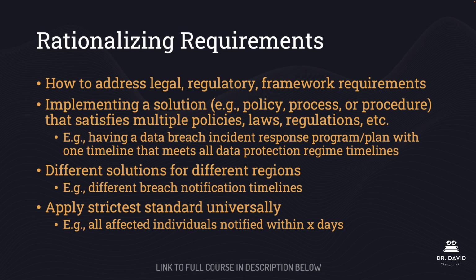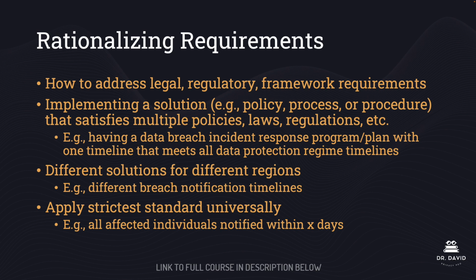And so instead of catering our approach to each different jurisdiction, for example, if we operate in 3 different jurisdictions, we typically don't want to have 3 different policies. Instead, we would do our best to harmonize the requirements from those 3 jurisdictions and have one policy that satisfies the requirements in all 3 jurisdictions.